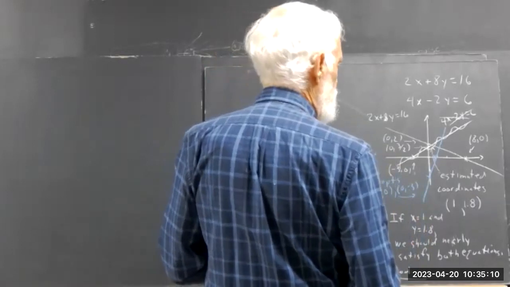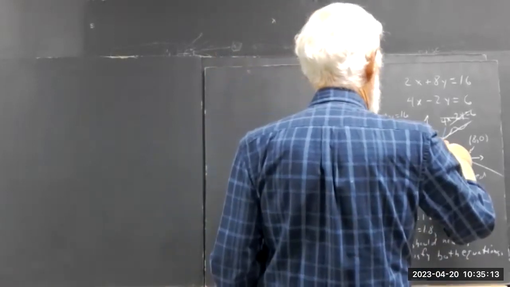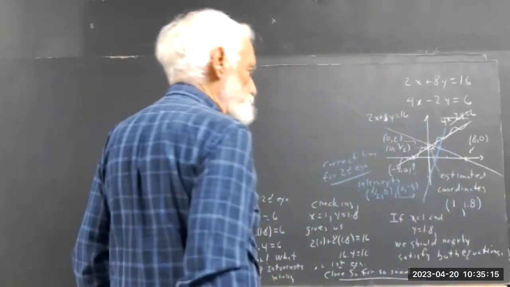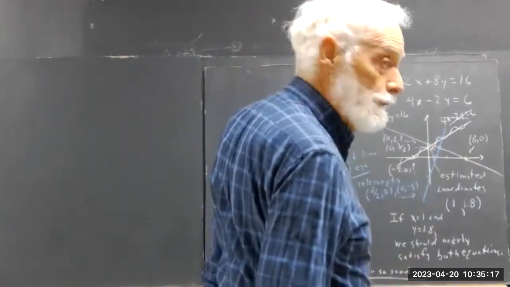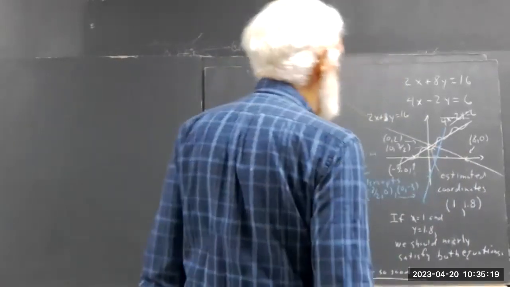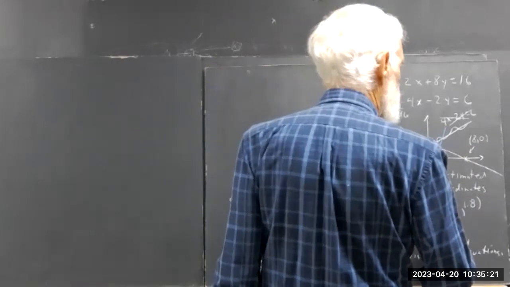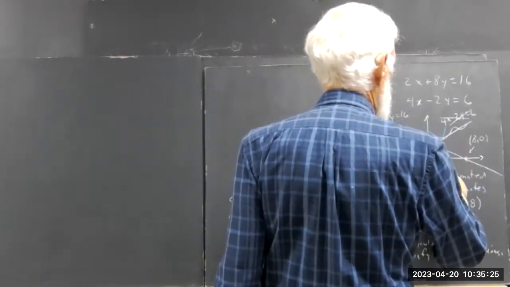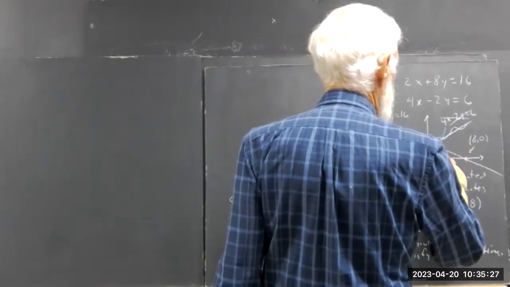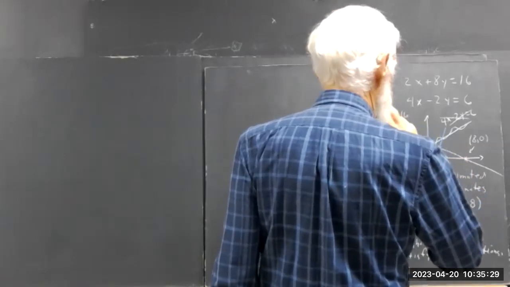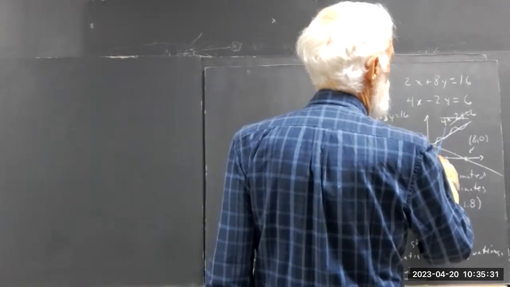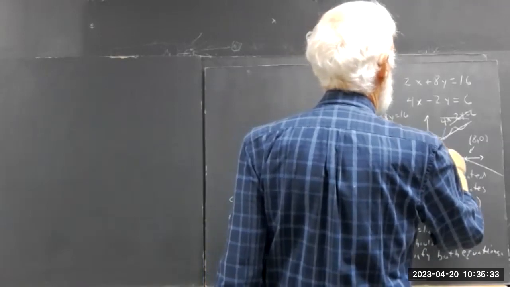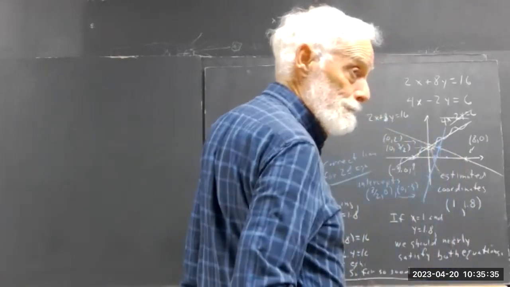The second equation. And right here is my point of intersection. And it looks like the coordinates at this point are about 2.5 and 1.5 maybe. Okay.